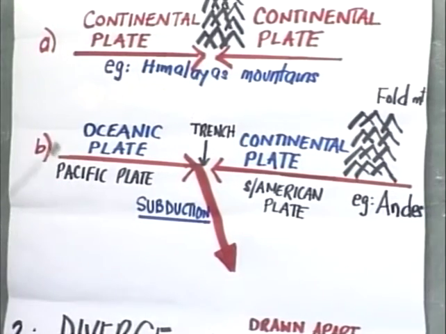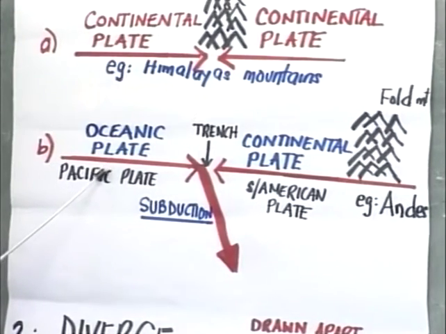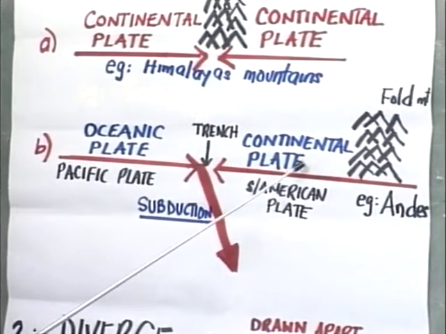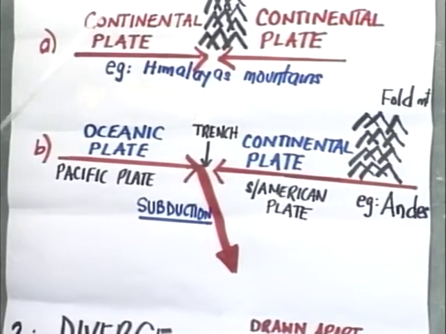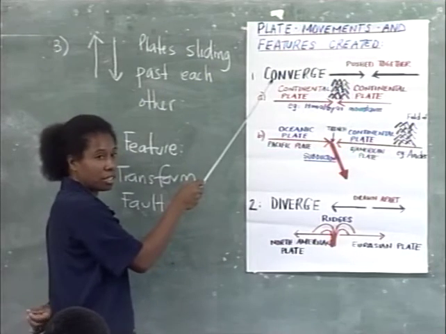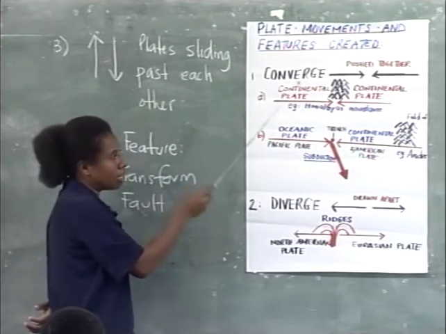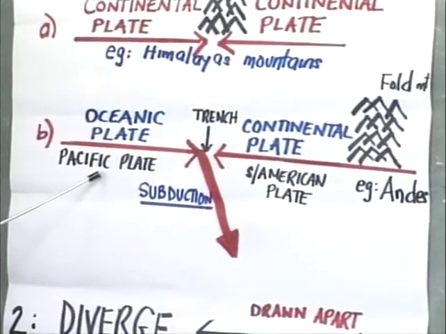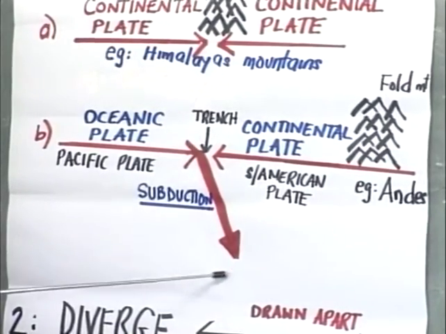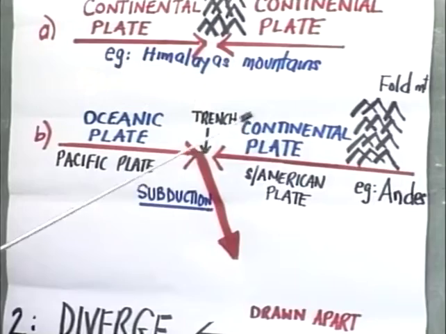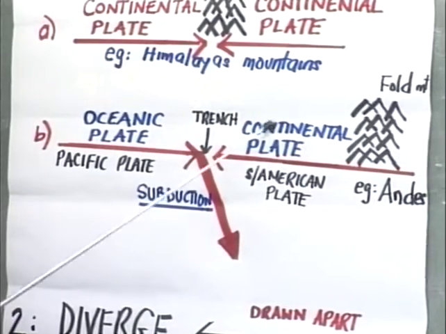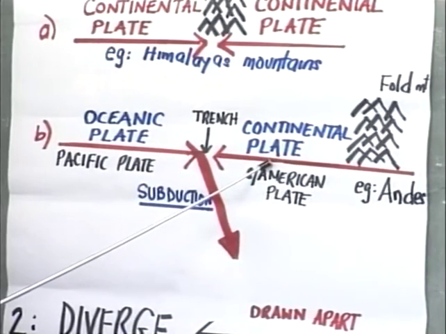I'll repeat again. When an oceanic plate meets up with a continental plate in this process of convergence, the lighter plate will be forced to go under the heavier plate. This is the heavier plate because it contains the continent.